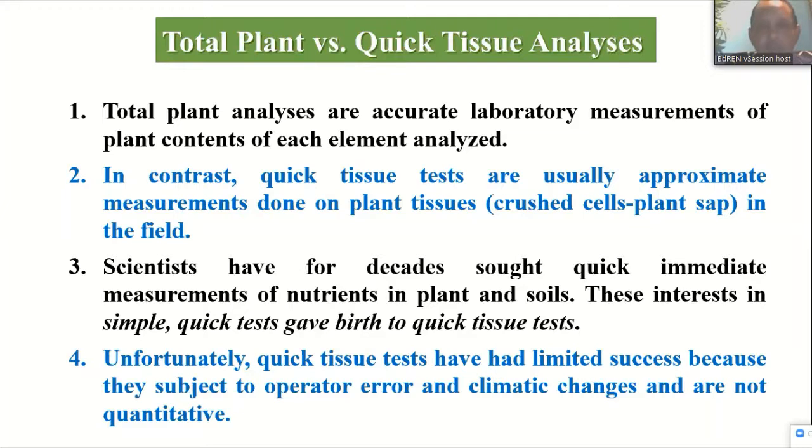In contrast, quick tissue tests are usually approximate measurements done on plant tissue. Quick tissue tests are done with some kind of chemicals and with plant sap. Plant sap means after crushing the cells, for example, crushing the leaves or stem, we can get some extract that is called plant sap, and that can be analyzed with a short technique.